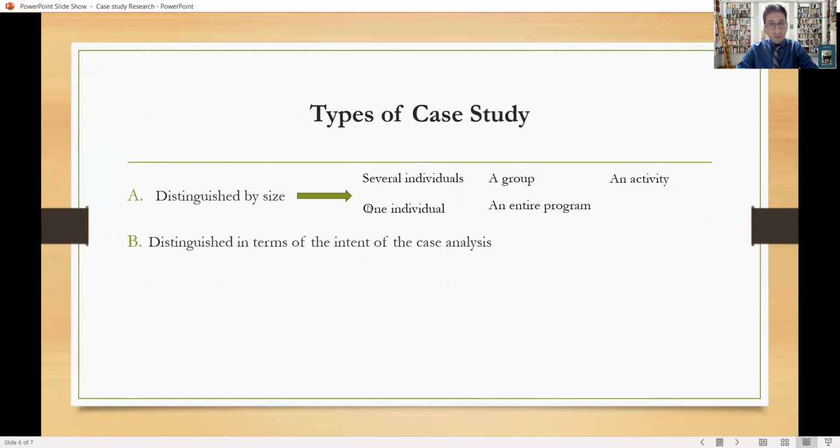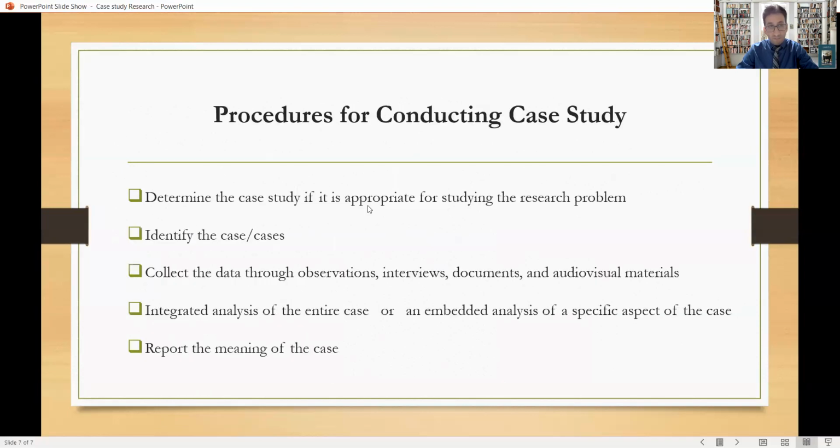And as examples distinguished in terms of the intent of the case study, we can say single instrumental case study, where the researcher focuses on an issue or certain concern and then selects one bounded case to illustrate this study, or collective or multiple case study, and intrinsic case study.